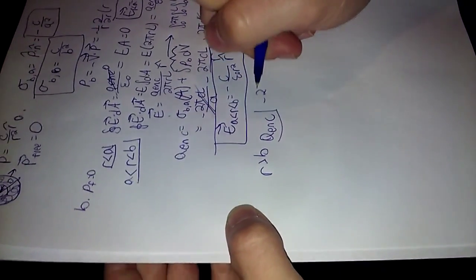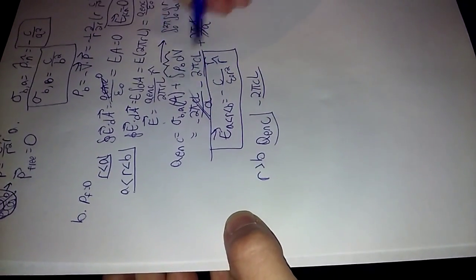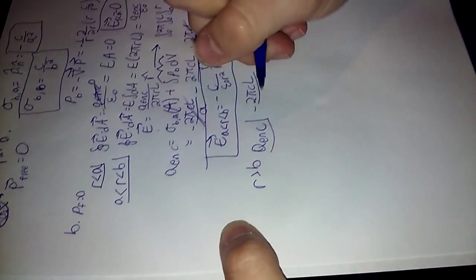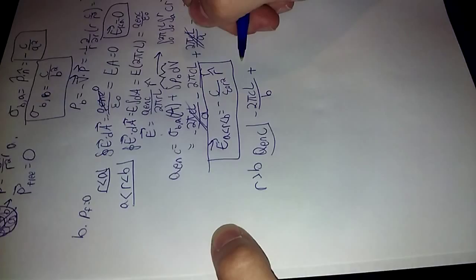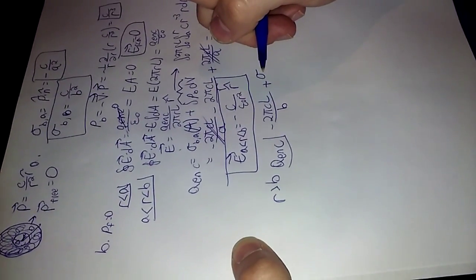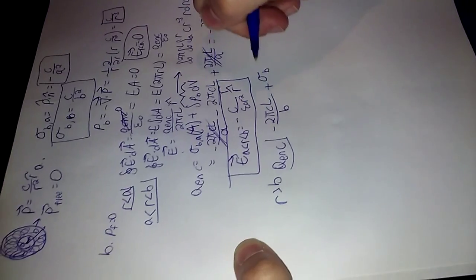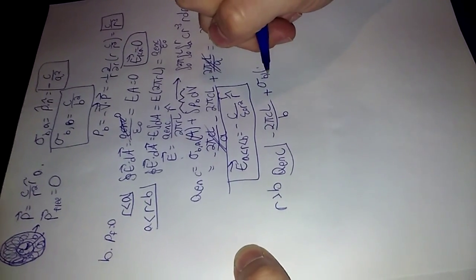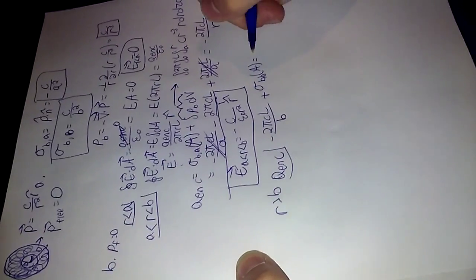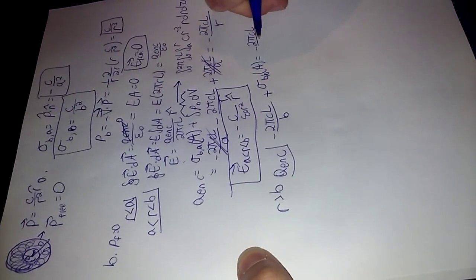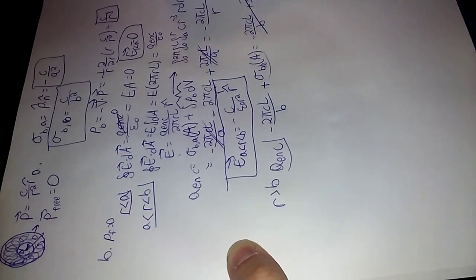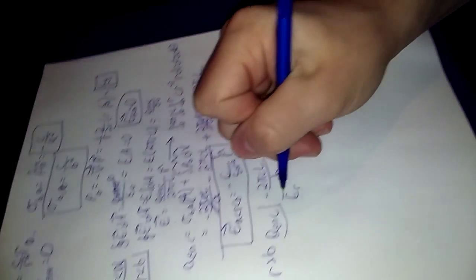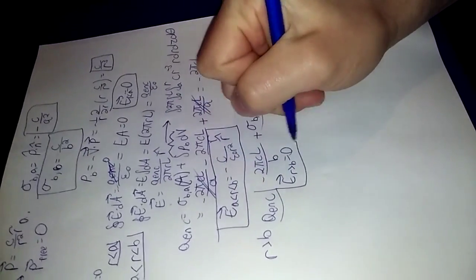So we're going to have the negative 2 pi CL, and now R is evaluated at B instead of R. And then we have sigma bound at B times the area, so it's positive 2 pi CL over B, and it turns out this part right here is negative 2 pi CL over B, so these are opposites. That gives us 0. Since Q enclosed is 0 for this region, E is 0 as well.